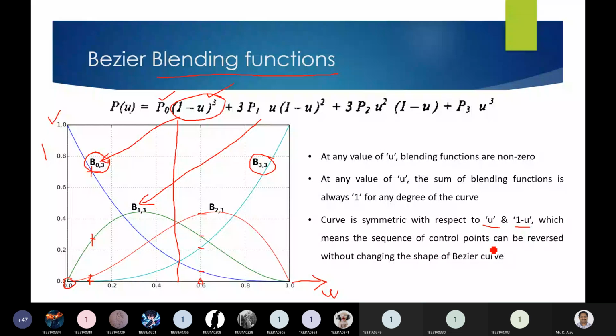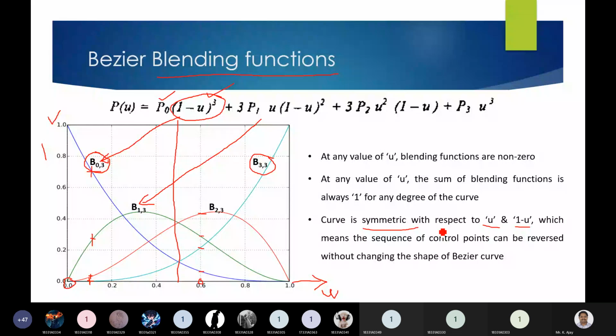The overall curve also follows symmetry, which means even if you alter the sequence of the points, the overall shape of the Bezier curve would be the same. That is what symmetricity means here. By picking points P0, P1, P2, P3, four points, and then drawing the Bezier curve, you get some curve.